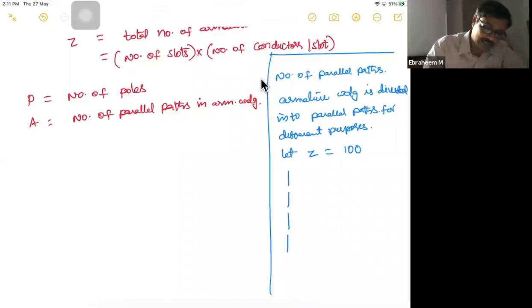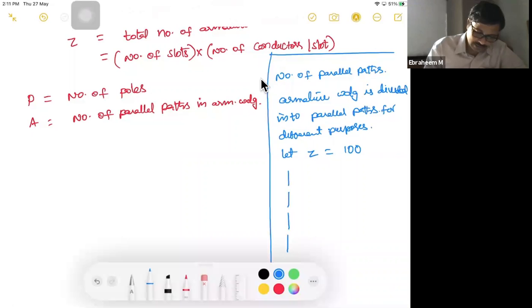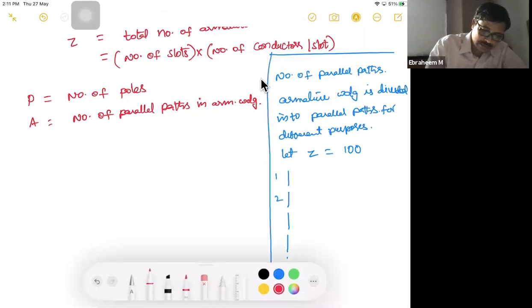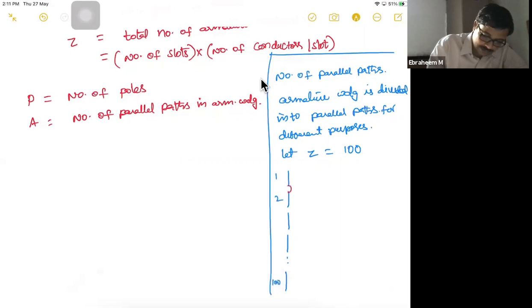So 100 conductors, conductor 1, 2, and so on, up to 100. These 100 conductors can be connected like this in series.